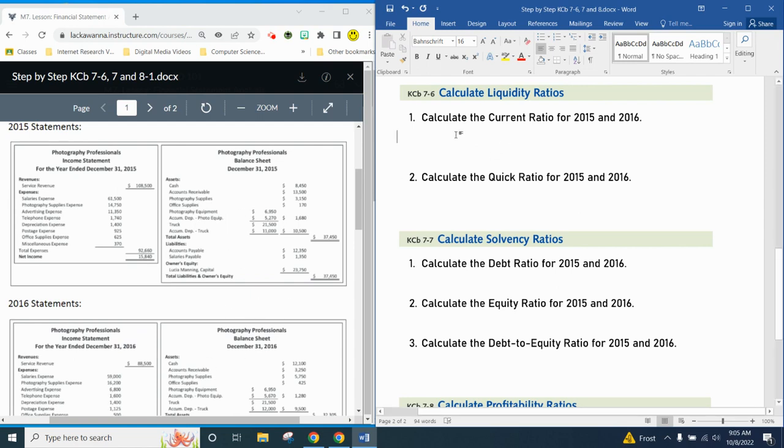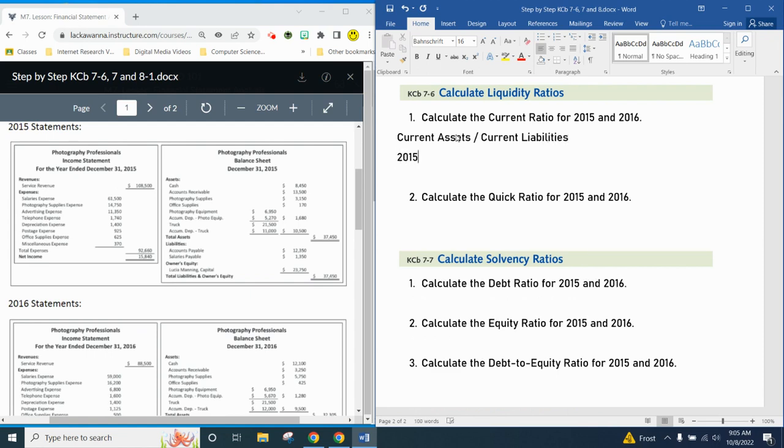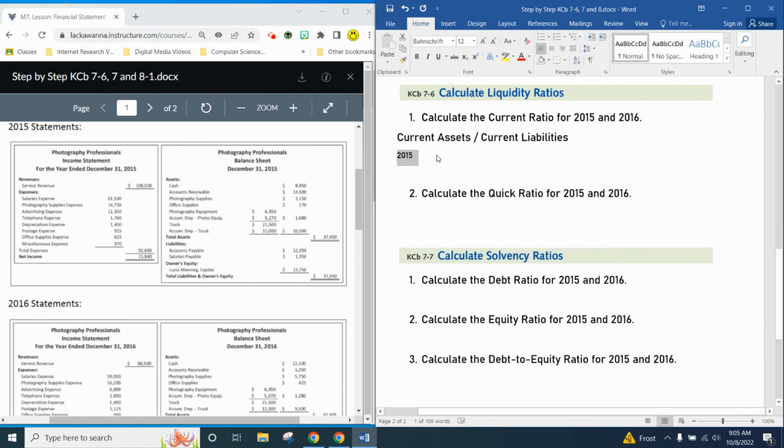So number one, calculate the current ratio for 2015 and 2016. First, we need to know the equation, which is current assets divided by current liabilities. For 2015, I'm going to make my font a little bit smaller because this is a longer problem.